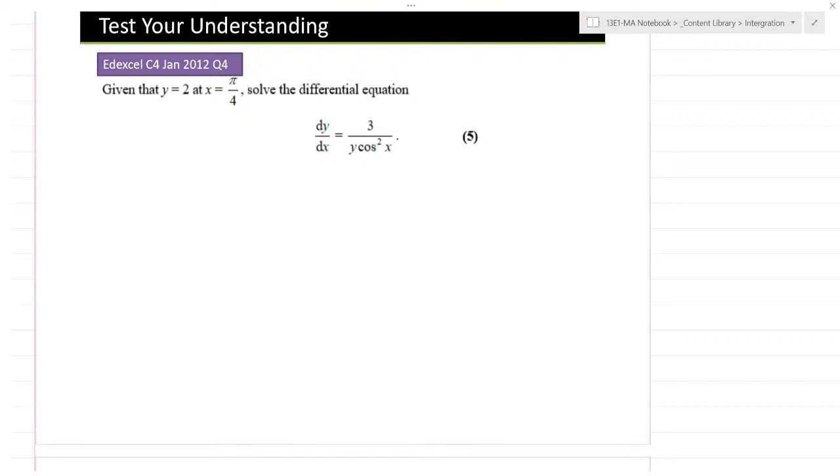Whereas if you just got sec, then you're looking at different formulas, rather than differentiation. Yeah, that makes sense.